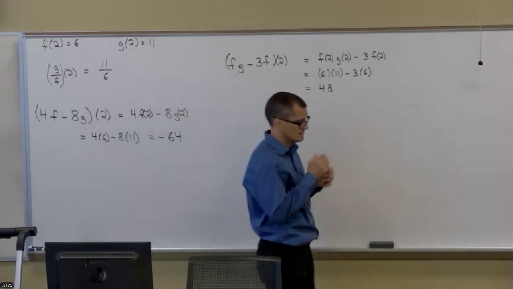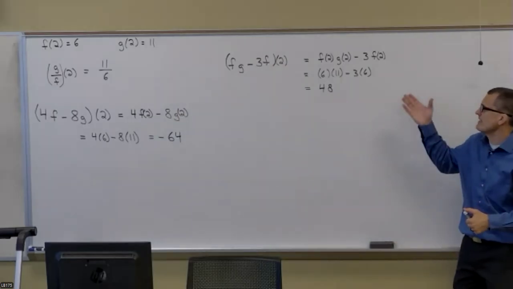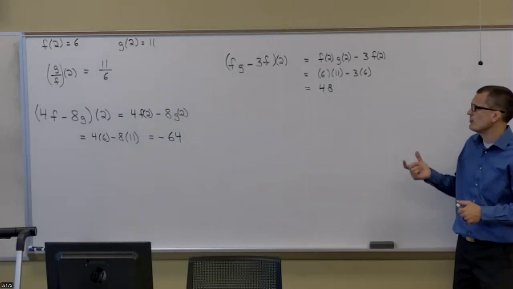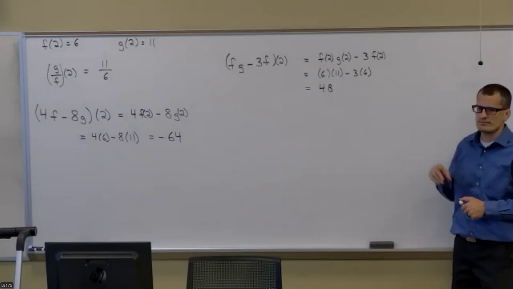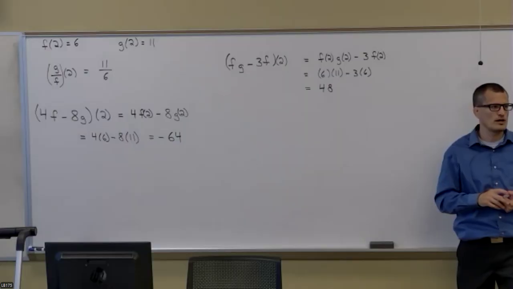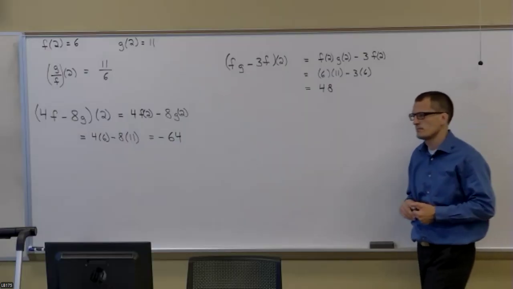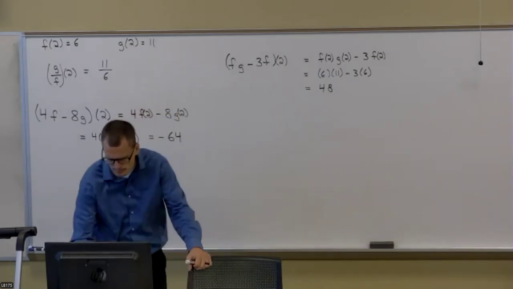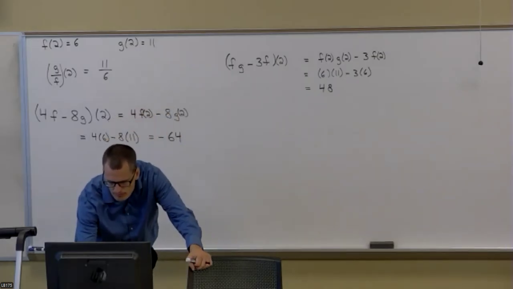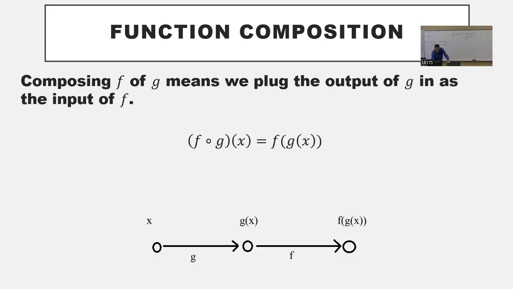Obviously, I did it with a numerical value of 2 as the input, but you can do it with the arbitrary x as the input as well. Now, the thing that we're going to do next time is function composition. So we'll do function composition next time, and then we'll see how that relates to inverse functions.